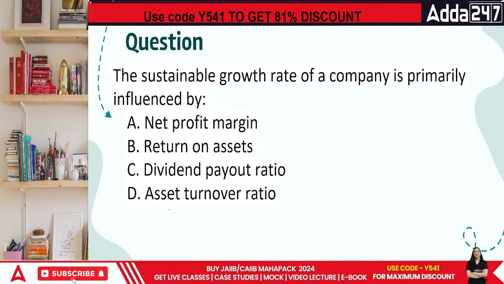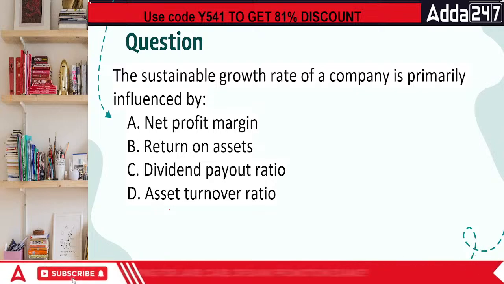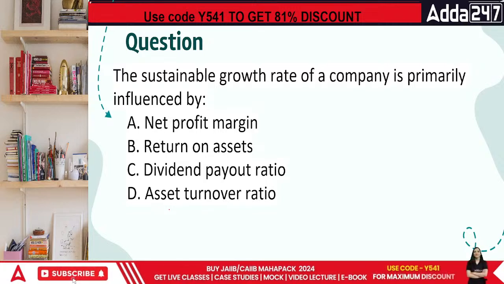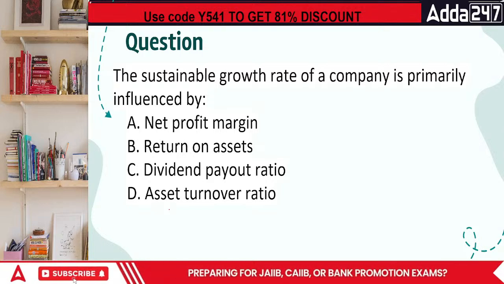The sustainable growth rate means the rate which is existing every single time. Net profit margin, or net profit is NP, ultimate profit that we receive. Return on assets, how much we are able to get returns. Then we have dividend payout ratio.